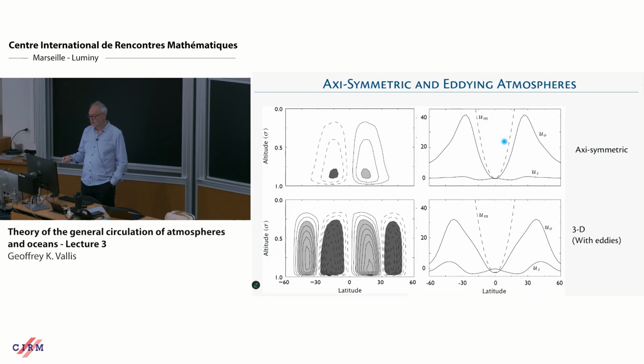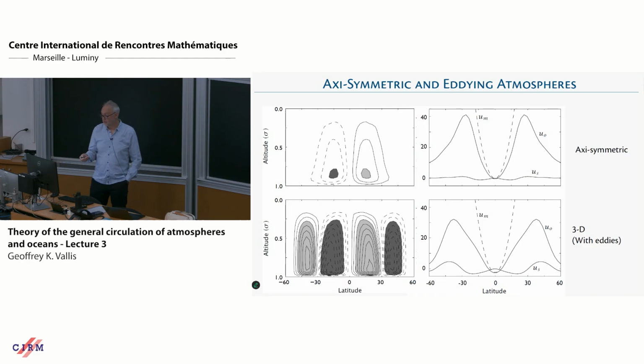This dashed line here is the angular momentum conserving wind, i.e. each position on that has got the same amount of angular momentum. The angular momentum varies like the wind times the distance to the axis of the Earth, so it increases very rapidly with latitude. And an actual numerical simulation shows that the wind does almost follow this angular momentum conserving wind.